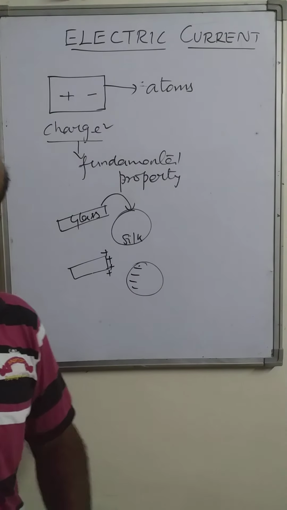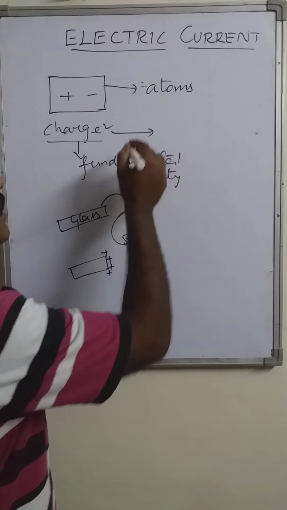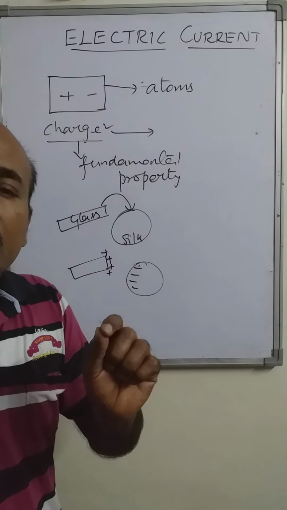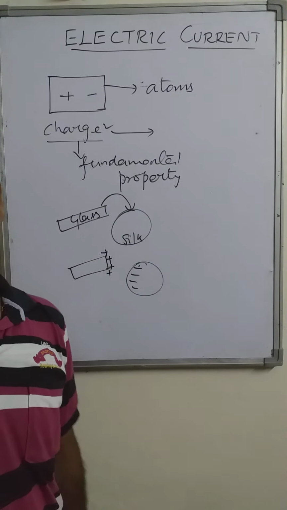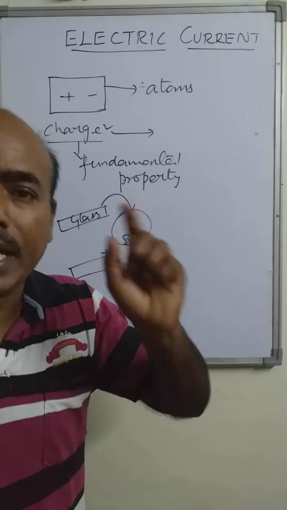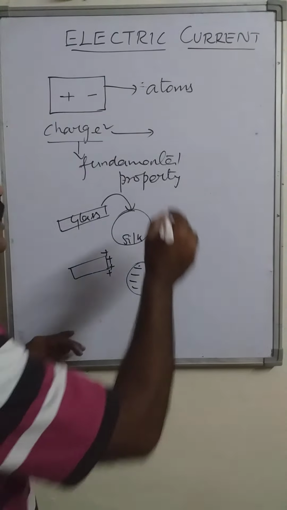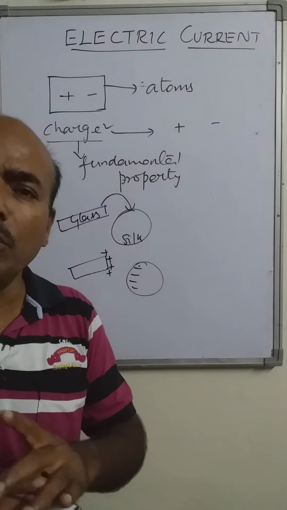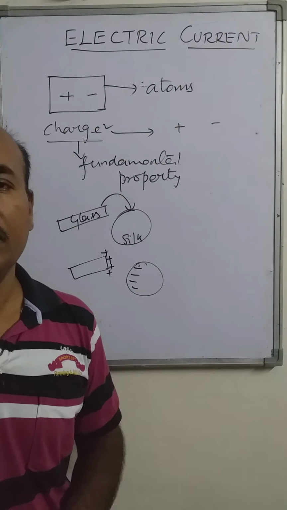The basic property is that all the charges can exert force on the other. Charges एक दूसरे में force apply कर सकते हैं. There are only two types of charges, positive and negative charge. No third type of charge.